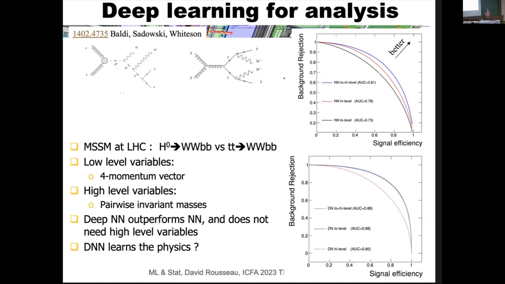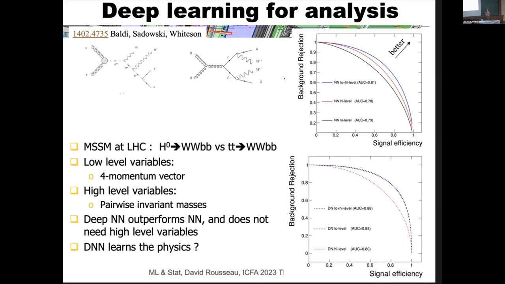This is the ROC curve, though there are different ways of showing the ROC curve. This is background rejection versus signal efficiency, so the best is in this corner. Yesterday it was in the other corner, but it's really the same thing. And then the AUC, which is the area under this curve, works the same way: an AUC close to 1 means something which is better.